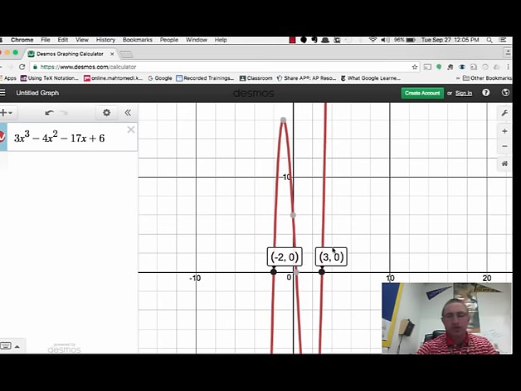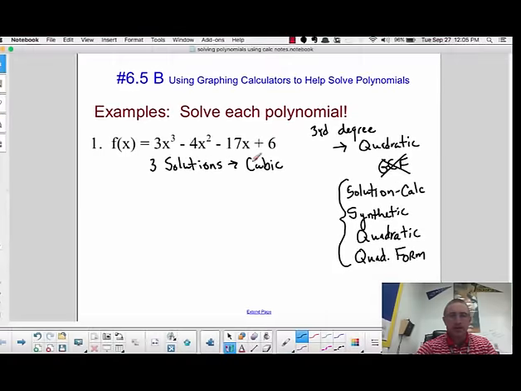Once you graph it and use your calculator to find the solution, you come back, and if I know from my graph that x equals 3 is a solution, that tells me that one of the factors of this polynomial is x minus 3.